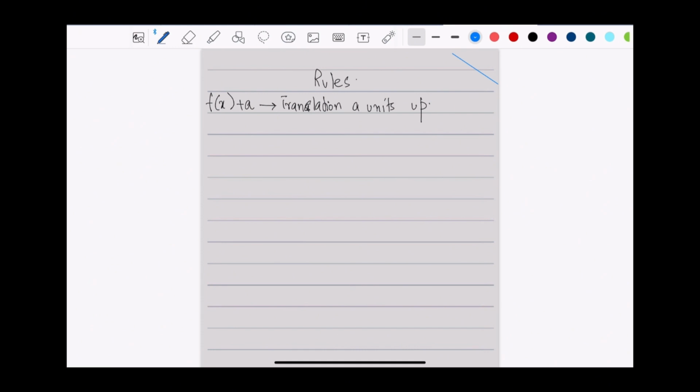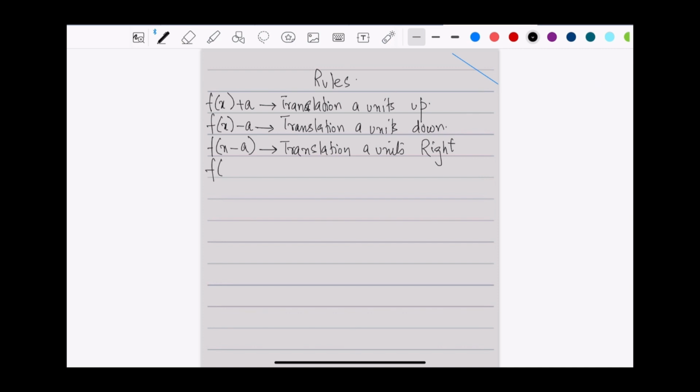Then f of x minus a, this is translation a units down. f of x minus a in the bracket gives you translation a units right.